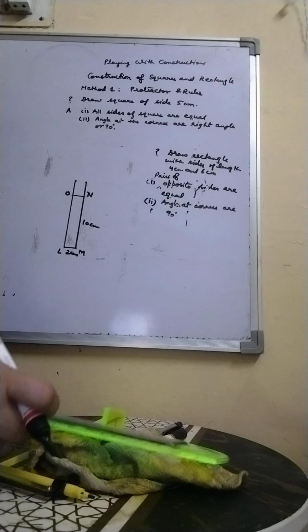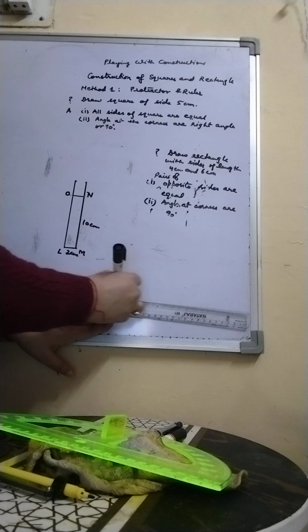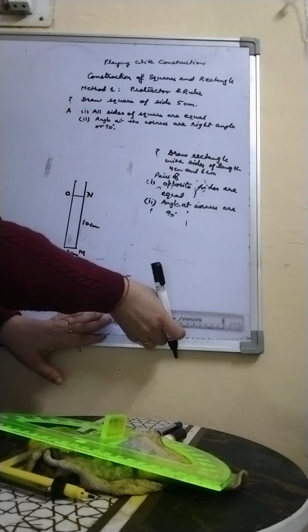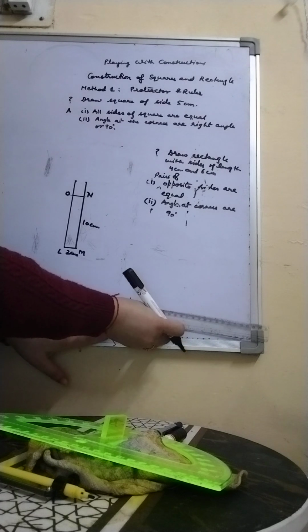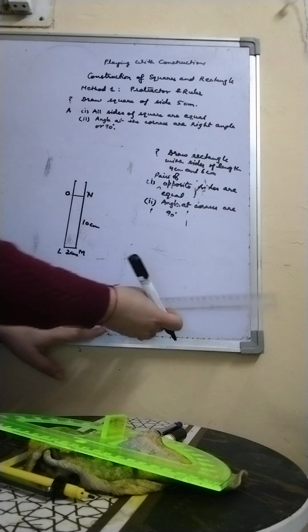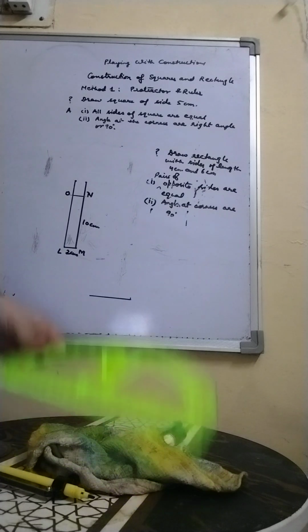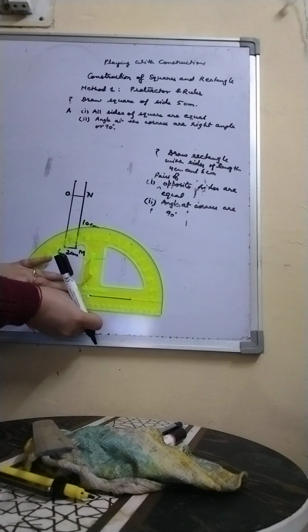So let's try to make it. Suppose I take any line segment of measurement 7 centimeter here, and now I draw 90-degree angles. So I don't think we can draw the figure.